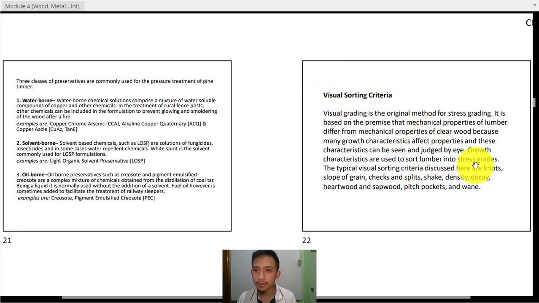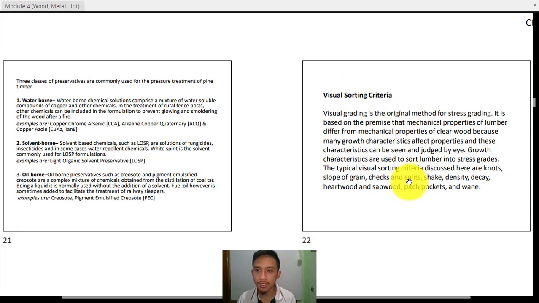This is just to separate or sort your members or your woods with respect to the characteristics that can be found on that certain member. So if you consider a check or a shake in density, then you can sort that out of a group to separate it from the batch or from the type.